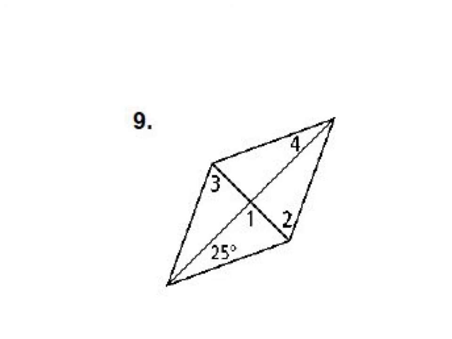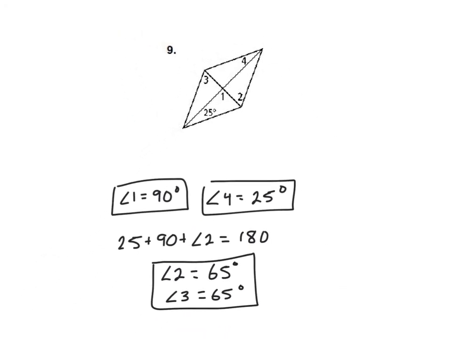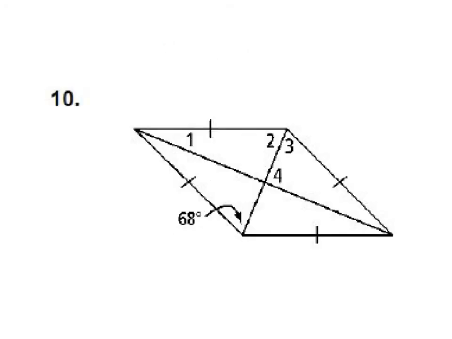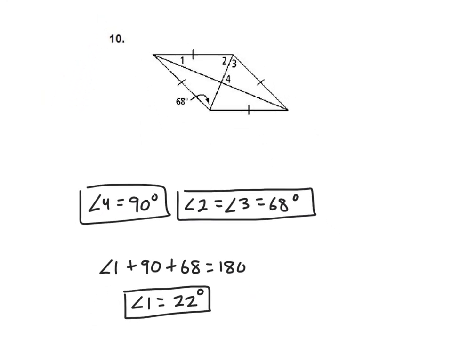Pause the video again. All right, go ahead and check your answers. Last one of this type, go ahead and pause the video. Okay, have a look at the answer.